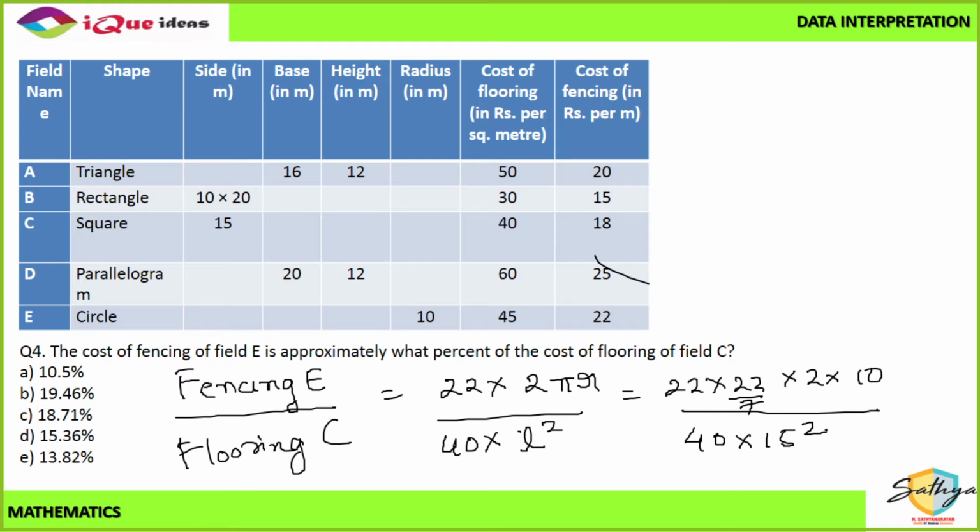If your calculations are right, you will get it approximately equal to 0.15 something, which is roughly equal to 15 point something percentage. So option D, 15 point something percentage, is your answer.